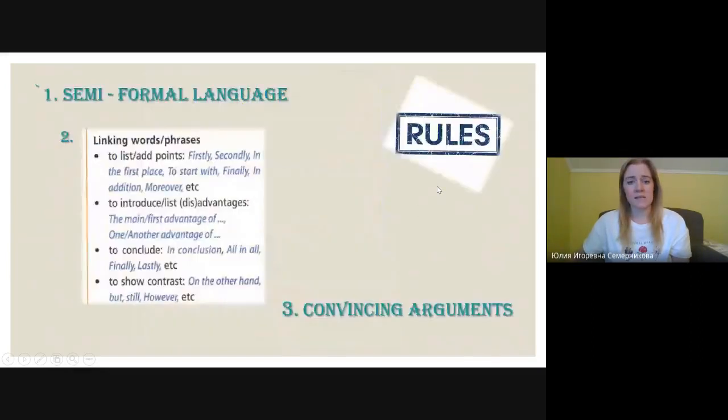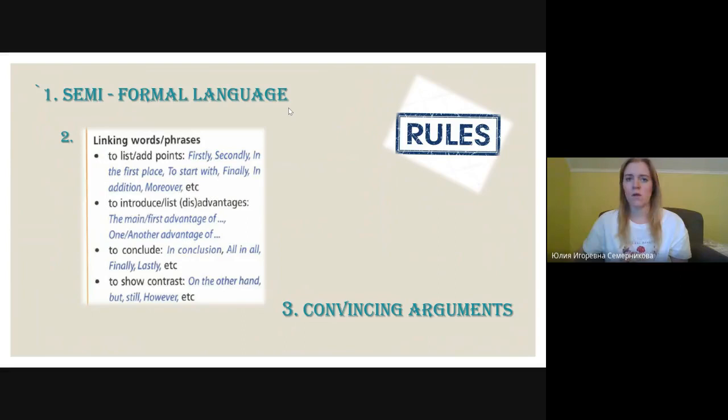While writing an essay, don't forget about the main rules. First of all, the language. Don't use short forms. Try to sound formal and neutral. Use linking words and phrases. This is obligatory, обязательно. You should use, practically in every sentence, all these introductory words and phrases.